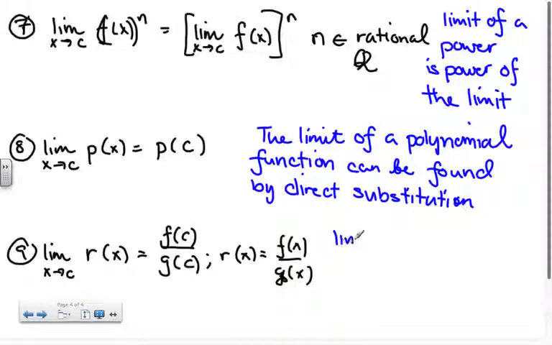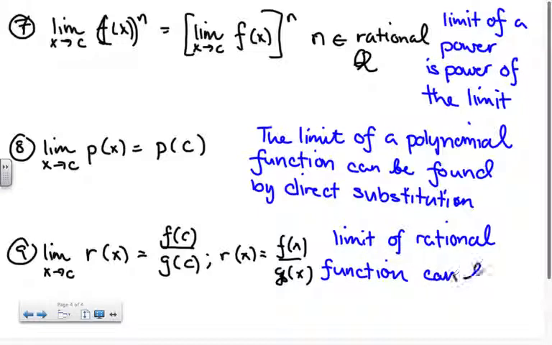Actually, limit of rational function found if denominator is not equal to 0. Okay? So this is all the rules.